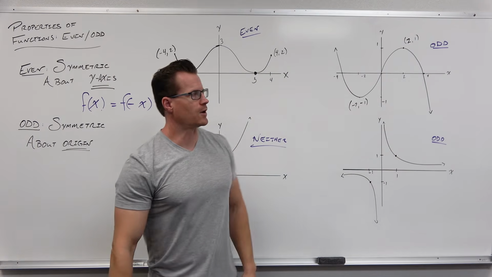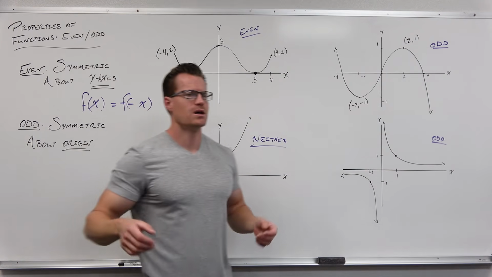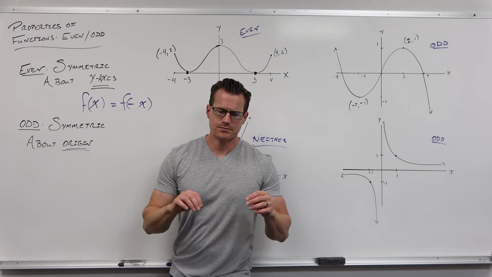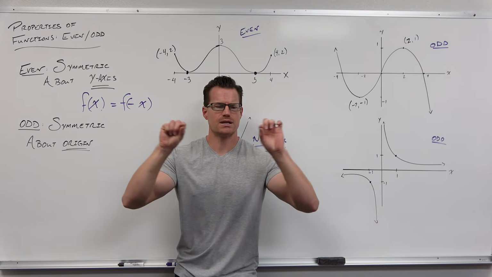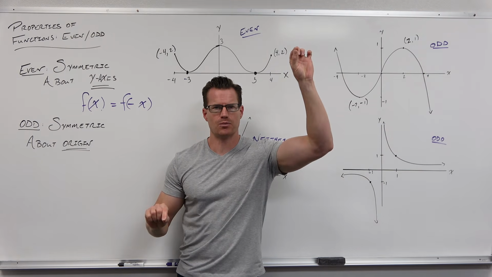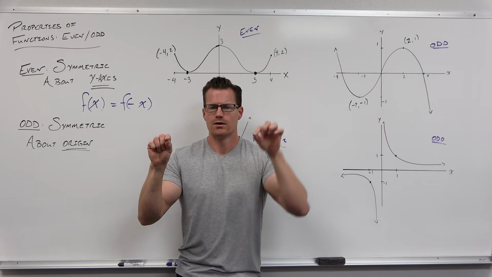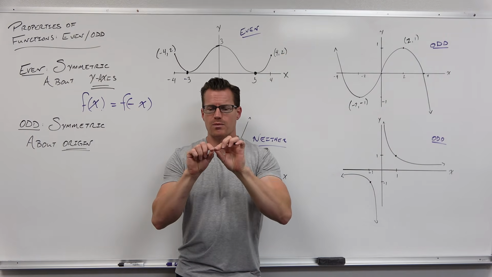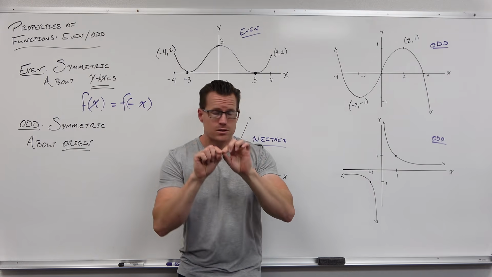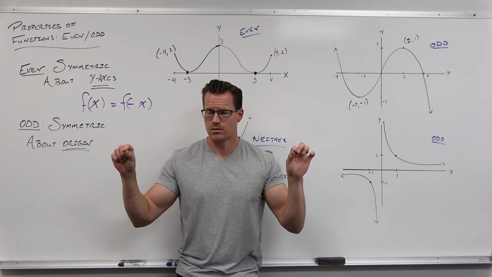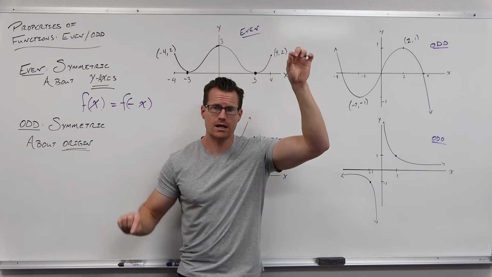Now, odd is different. Odd says, if I wanted to be odd or symmetric about the origin, I want to be able to plug in opposite inputs, but get opposite outputs. So plug in 1 and -1 and get out 5 and -5, say. I want to be able to plug in 2 and -2 and get out 1 and -1, say.